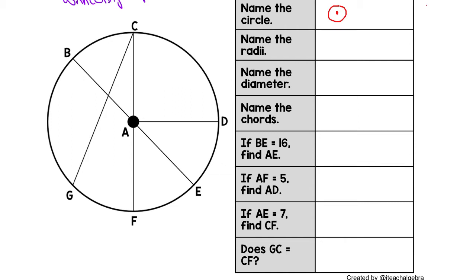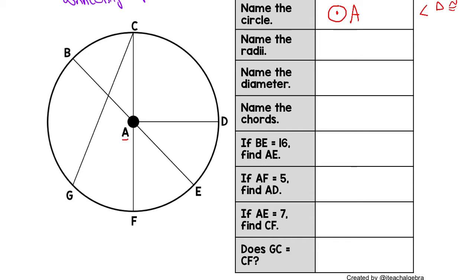So now we know angle, we know triangle, we know congruent, now we know circle. So we do the little bullseye, and then we name whatever point is in the center of the circle. That's the name. So this is circle A. The name of the circle is always capital, so circle with a capital A.